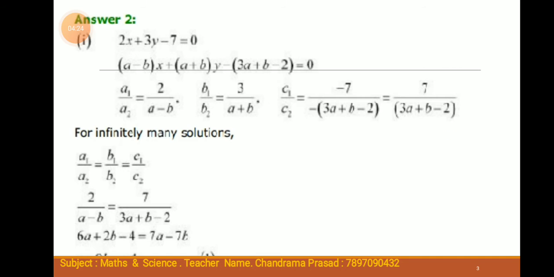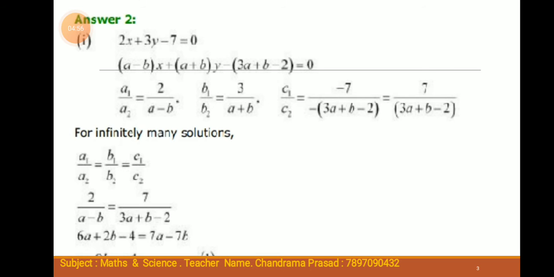Since according to the question it has infinitely many solutions, therefore a1 by a2 equals b1 by b2 equals c1 by c2. Now you can write 2 divided by (a minus b) equals 7 divided by (3a plus b minus 2).